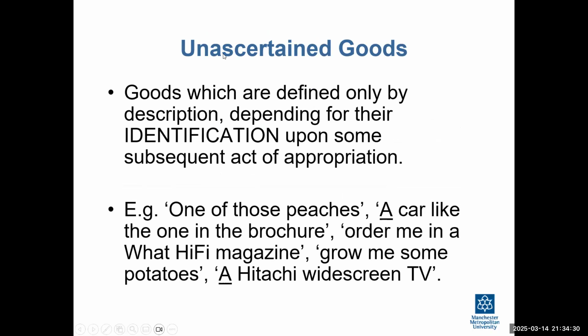Now let's move on to talk about uncertain goods. And this is where the bulk of your analysis will go. Uncertain goods are goods that are identified only by description. Looking at the examples, let's look at a car, a 2004 model car, a 2024 model car.